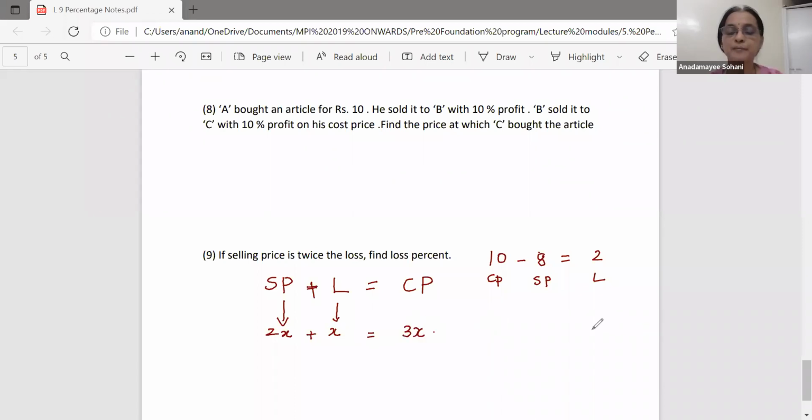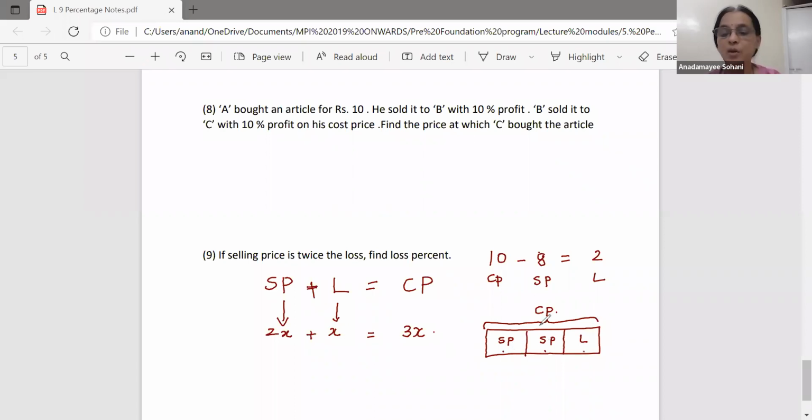For loss, our loss compartment is inside the sale price. This is my loss and this is my sale price. And this is my cost price. So my sale price is twice the loss.